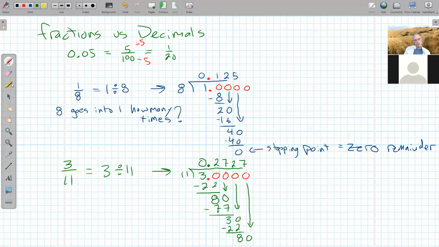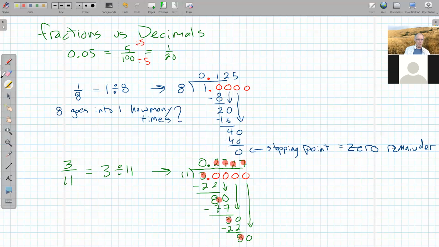Question is, what signifies the repeat? Is it the fact that we see a 2 here and a 7 there and another 2 and a 7? Or is it that I see some repeated remainders? Here's a remainder of 8, there's a remainder of 8. Here's a remainder of 3. That's essentially a remainder of 3. It's a part of the whole.